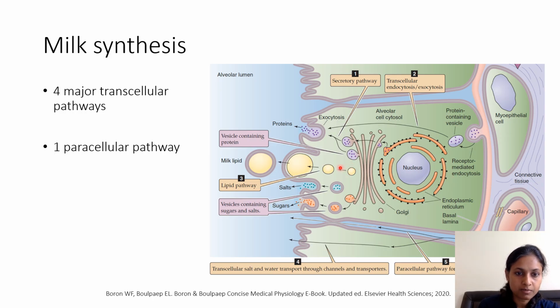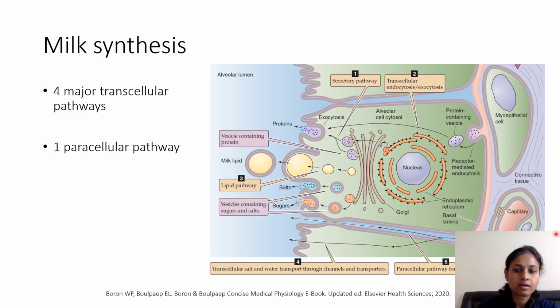Again, they form lipid droplets. They move towards the apical membrane, wherein these droplets, as you see here, pinch off with the membrane surrounding them. Here you see a milk lipid droplet in the milk. So that is pathway 3, the lipid pathway.